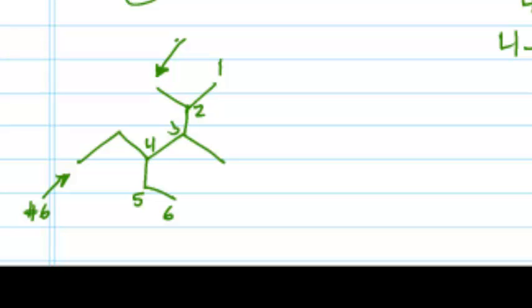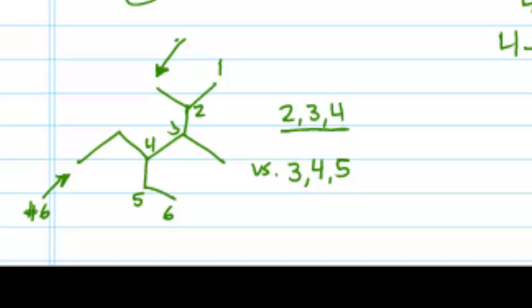If I number diagonally, going down to the right, it gives me substituents at 2, 3, and 4, versus if I went in the opposite direction, I would have substituents at 3, 4, and 5. So 2, 3, 4 gives me a lower combination of carbon numbers than 3, 4, 5. So my substituents are going to be numbered 2, 3, 4.